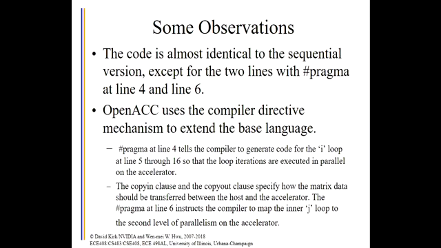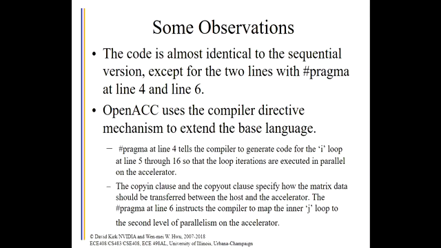So there are some important observations about this piece of code. The code is almost identical to the sequential code, right? I started by showing you the sequential code, except for the two lines with a hash pragma at lines 4 and 6.